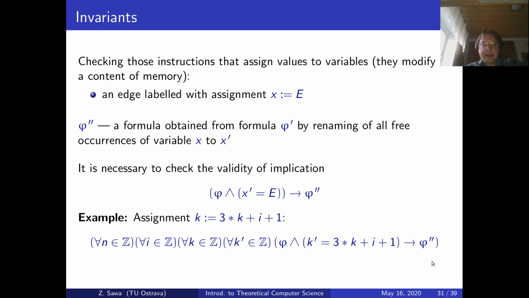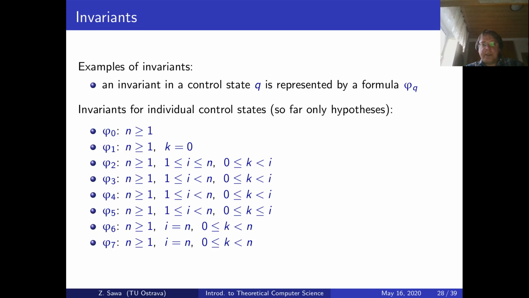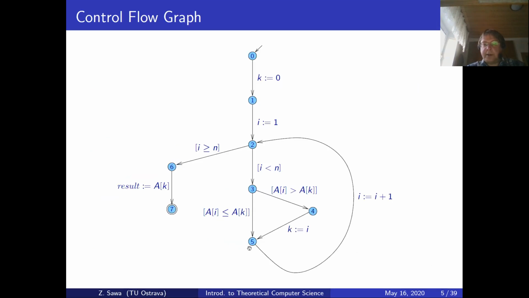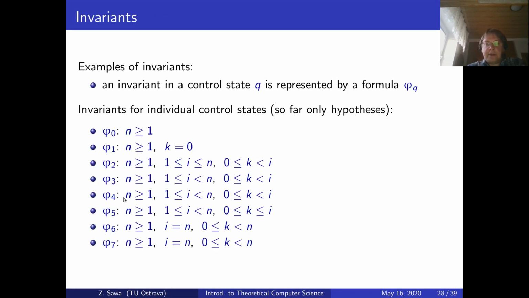If I return to this example, and consider this edge from state 4 to state 5, an assignment where I is assigned to k, then instead of this phi 5 we would consider the formula where k is replaced with k prime, and k prime is equal to I. Assuming that this is true, and in conjunction with the condition that k prime is equal to I, we must show that this is true where instead of k we have k prime.